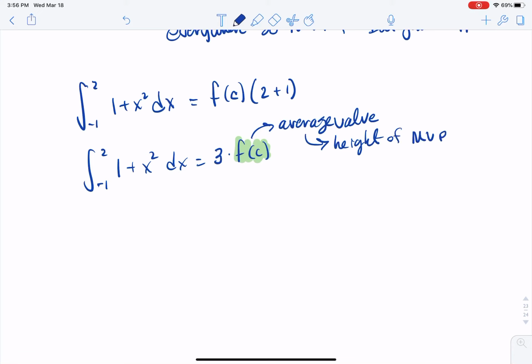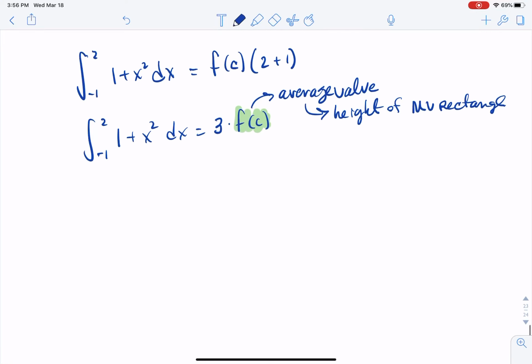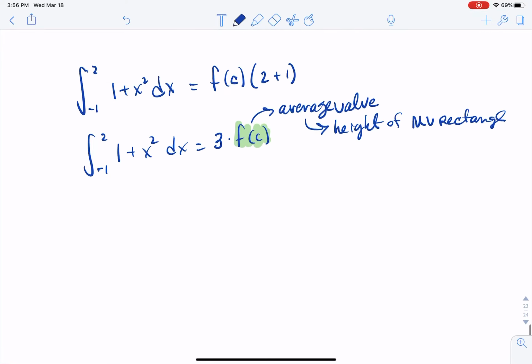Mean value, a rectangle. So let's go ahead and solve the left-hand side, finding its antiderivative. The antiderivative of 1 is just x, plus we'd have x cubed over 3. We're going to evaluate that from -1 to 2, and again, this is still equal to 3 times f of something.